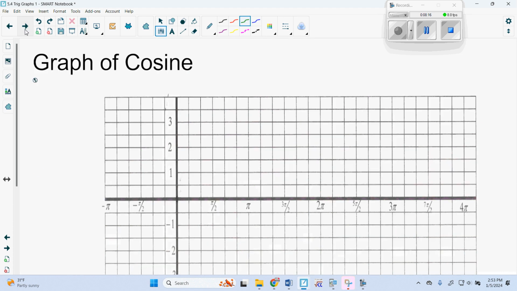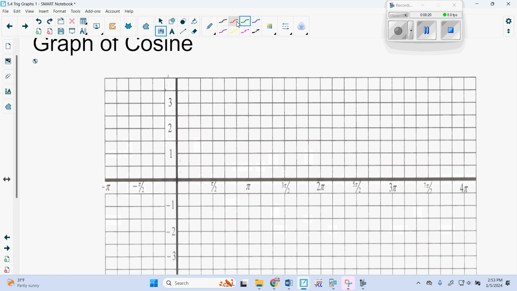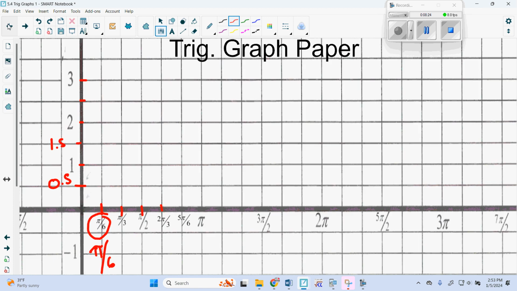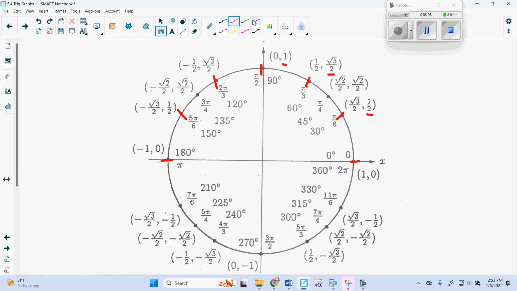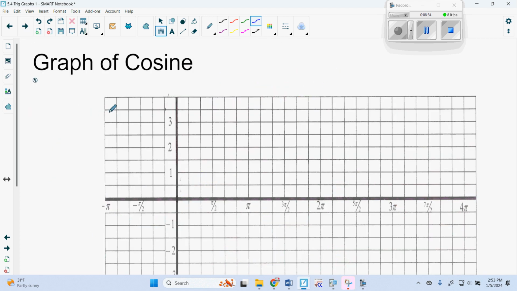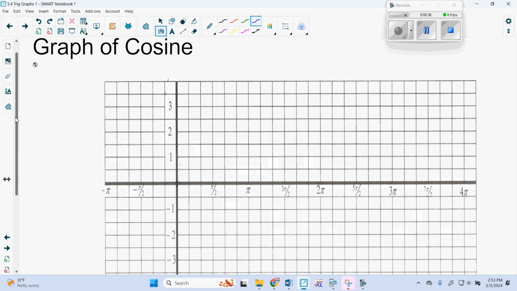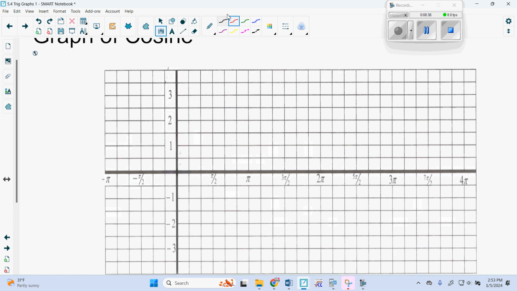Let's look at cosine. It's kind of the same idea with cosine. Cosine, if we go back to our unit circle, cosine is the x-coordinates. So we're going to be going around and looking at the x-coordinates. So cosine doesn't start at 0 like sine does. It starts at 1.